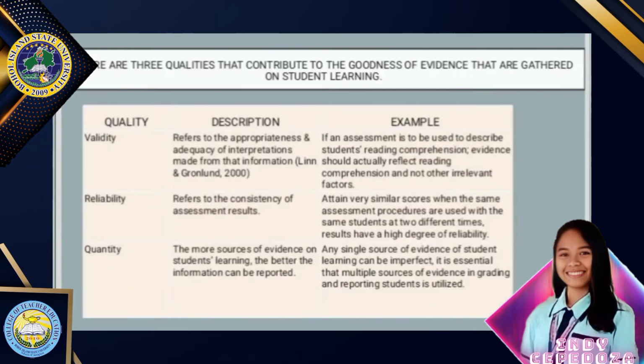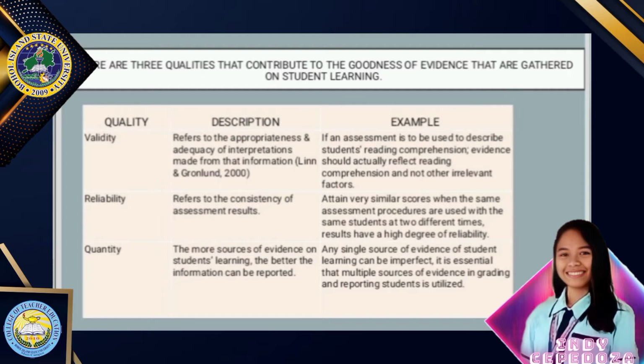Three qualities that contribute to the goodness of evidence gathered on student learning are validity, reliability, and quantity. Validity refers to the appropriateness and adequacy of interpretations made from that information (Linn and Gronlund 2000).